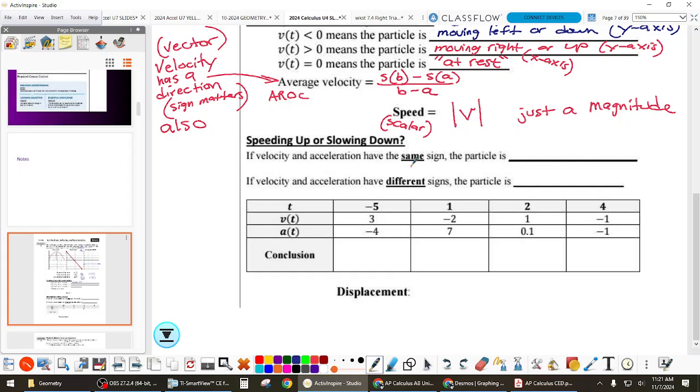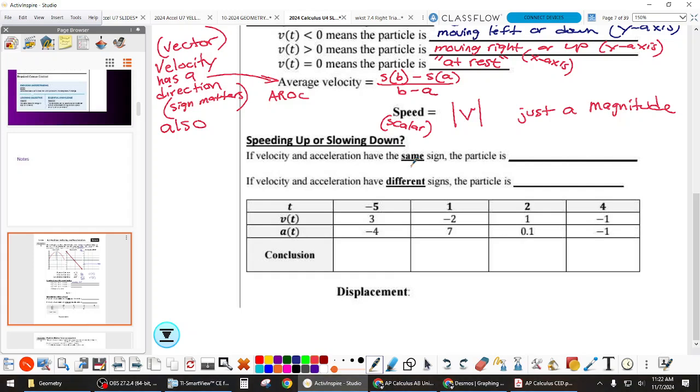Relating to driving, if I'm at a light and the light turns green, what do you do? Go. So you accelerate in the same direction as you speed, right? So you're speeding up. As you get to the next light and you hit your brake, tell me about velocity and acceleration in that case.